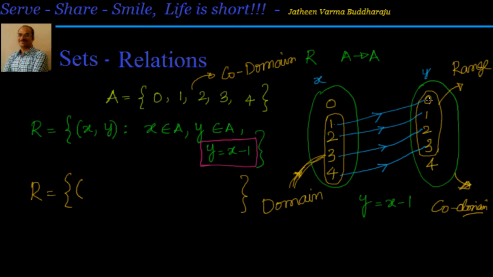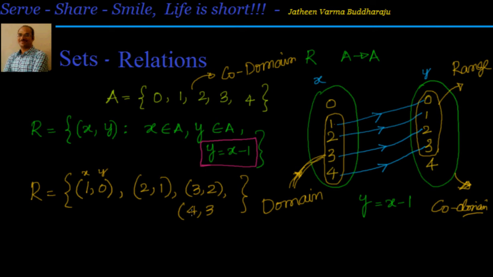So 1 is linked to 0. 1, 0 satisfy the relation y equal to x minus 1. This is my x and this is my y. Similarly, the next element is 2 comma 1. You have 3 comma 2 and 4 comma 3. This is the set relation.